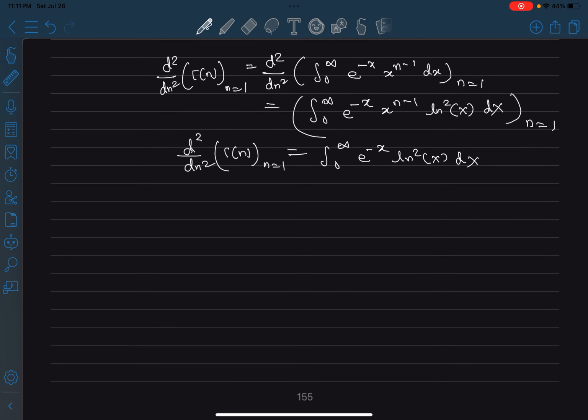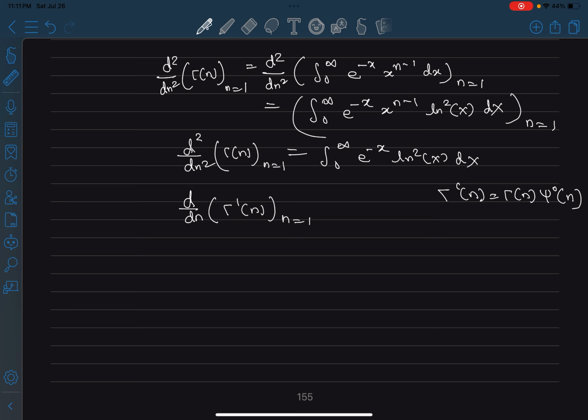So let's do that. If you differentiate this gamma function once, we will have gamma prime of n. We can write gamma prime in terms of gamma and digamma: gamma prime of n is equal to gamma of n times digamma of n.